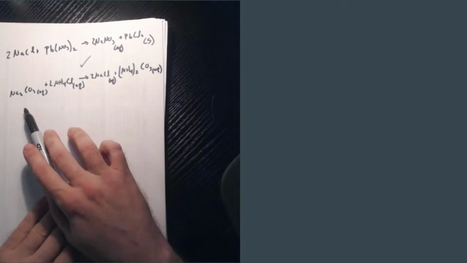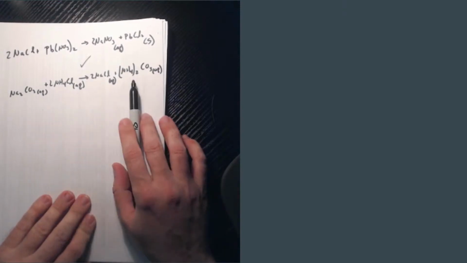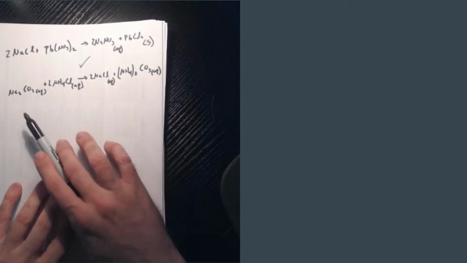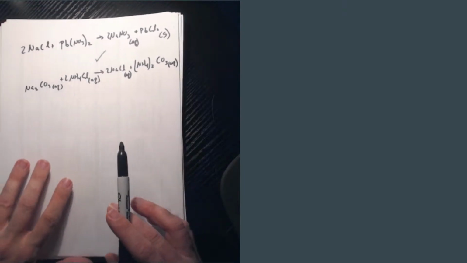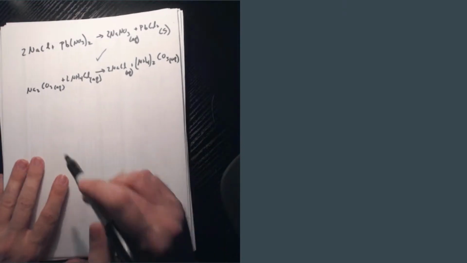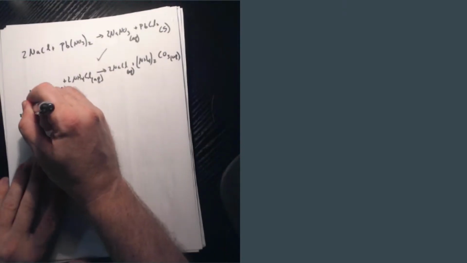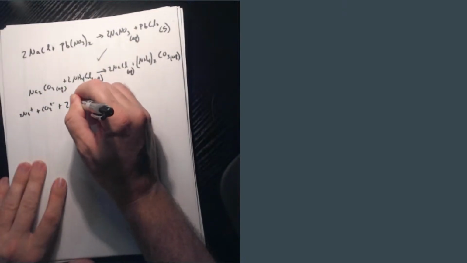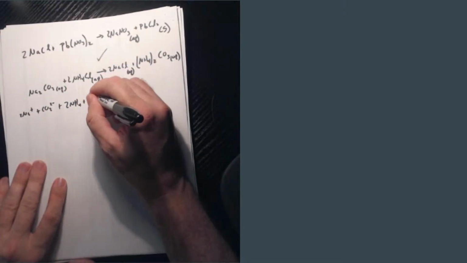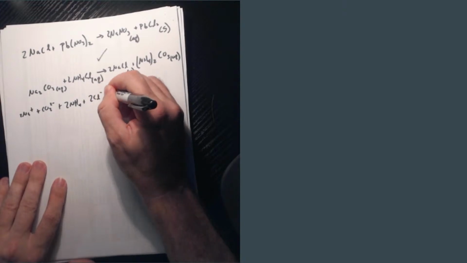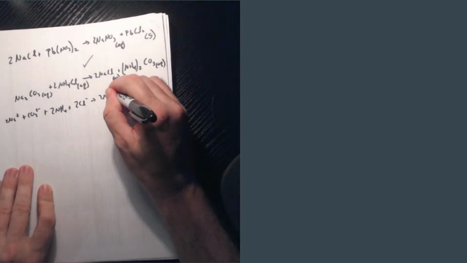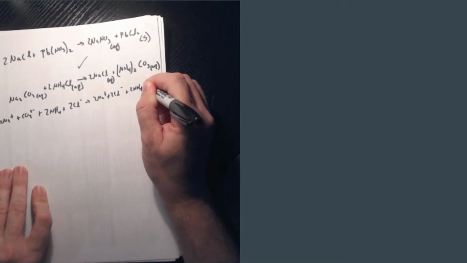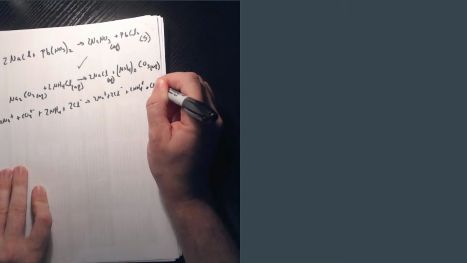So that means we look at this. All these things are aqueous. So all these things are just ions in solution, which means that everything here is a spectator ion. If you were to break this up, you would have 2Na+ plus CO3 2- plus 2NH4+ plus 2Cl- going to form 2Na+ 2Cl- plus 2NH4+ CO3 2-.